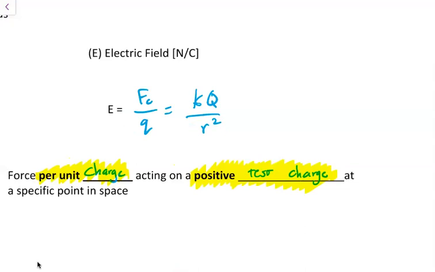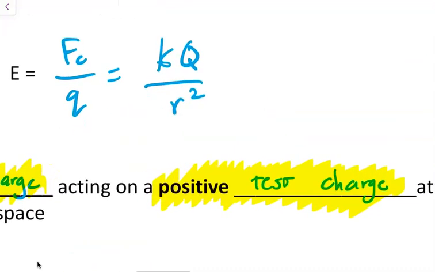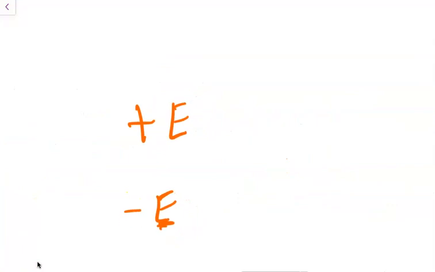I wrote positive because I wasn't expecting you to get that, but that has to do with whether we end up with a positive electric field value or a negative electric field value. When we cancel out that Q, we don't need it. If we end up with a positive electric field, then that's coming from a proton's electric field because it's pushing out. Q is going to be positive, and that would be producing a repelling electric field.